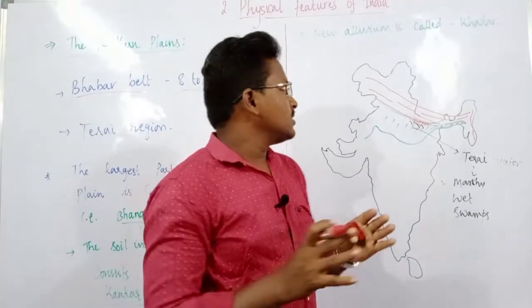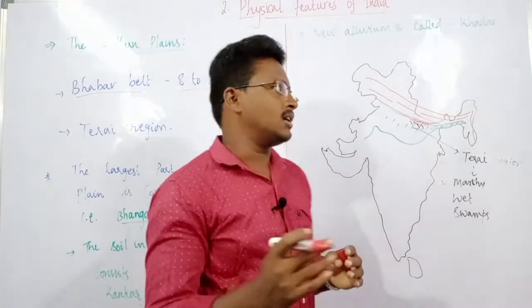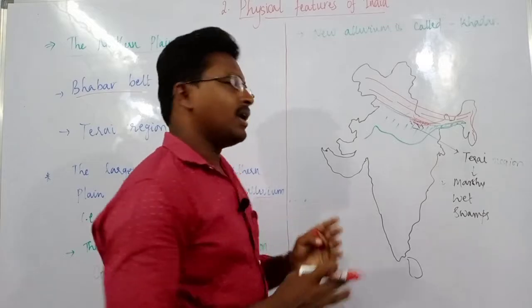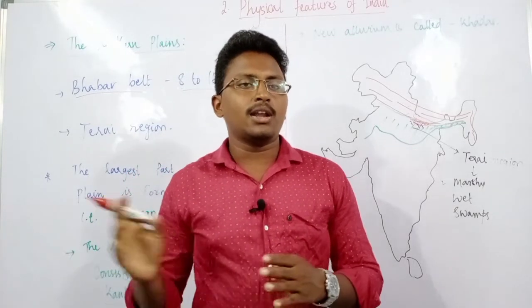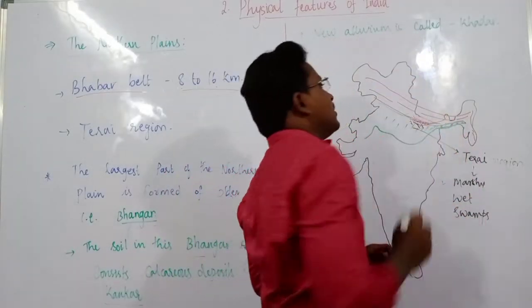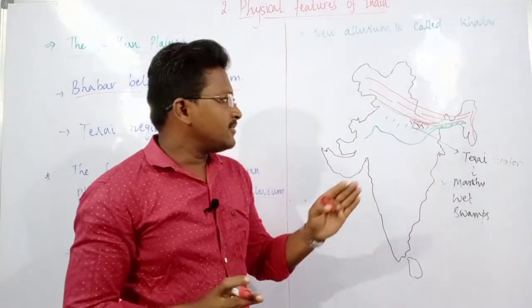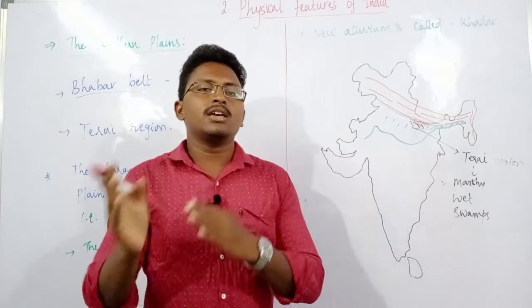The soil found far away from the rivers we call Bangar, or older alluvial soil. The new alluvial soil means the soil found very close to the rivers, on either side of the river banks.